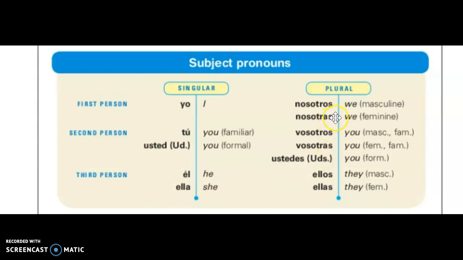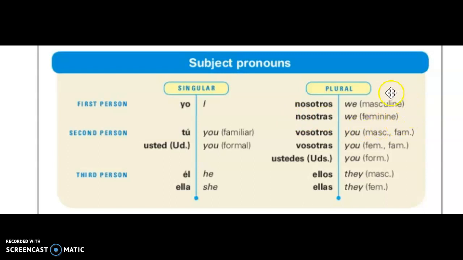And let's go on to the plural forms now. So first person plural is nosotros for masculine, if men were speaking. And nosotras is feminine, so if it were more than one female speaking.